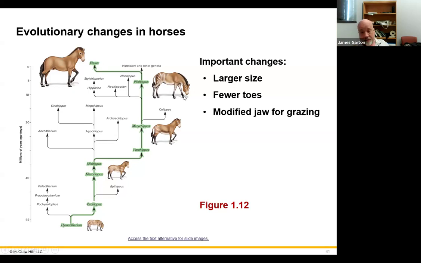Teeth and jaws changed. A long time ago, basically, animals were fruit eating, and fruit is a lot more calorie rich compared to grasses. And if you have to graze, you're eating a lot of grass, and the animal can't digest all of this plant material. And so it has to eat a lot in order to get enough calories to survive.